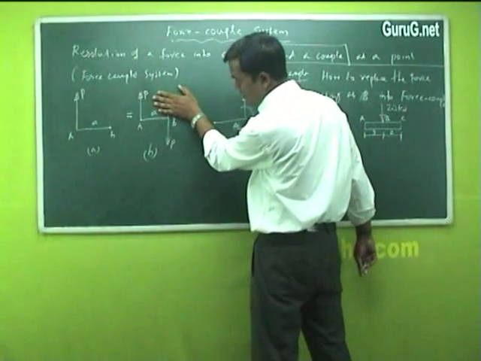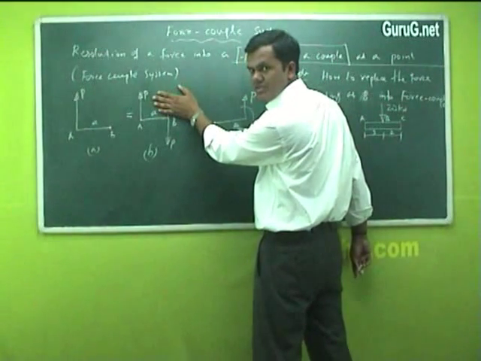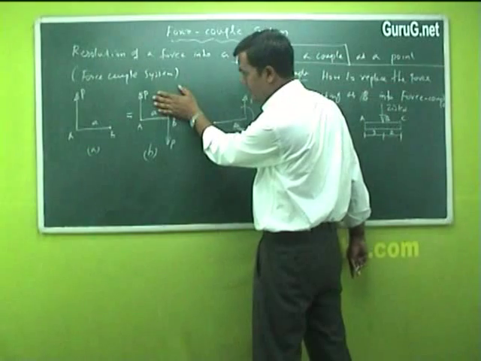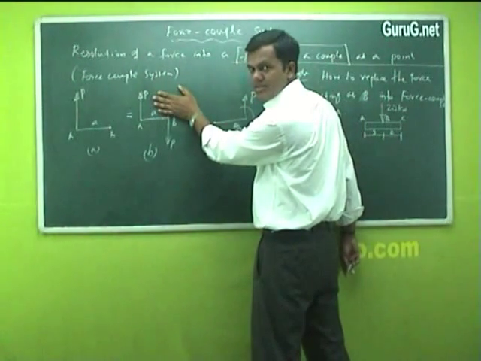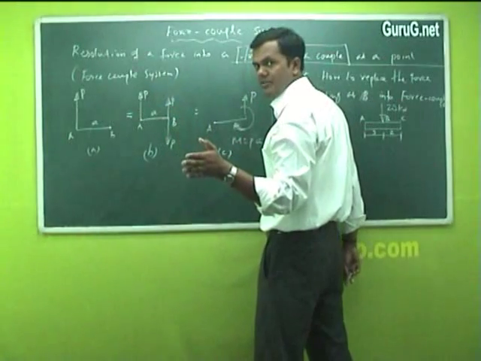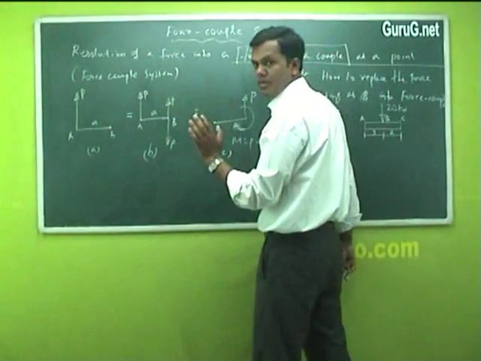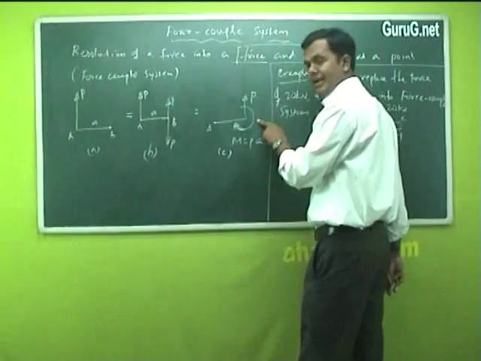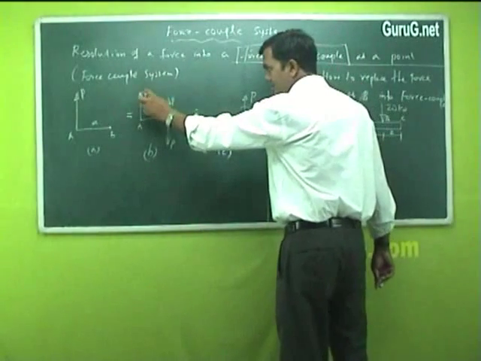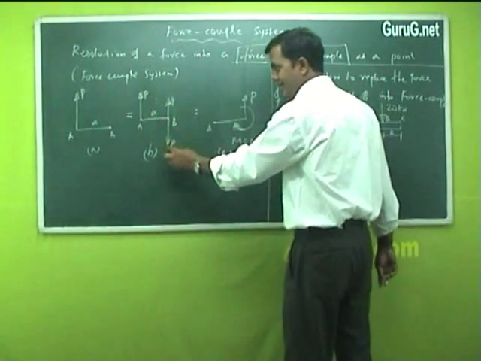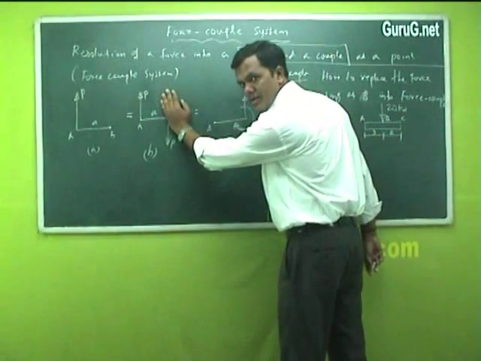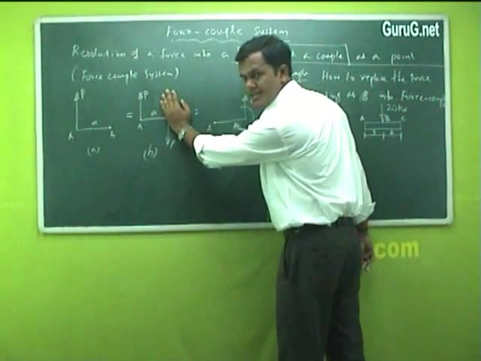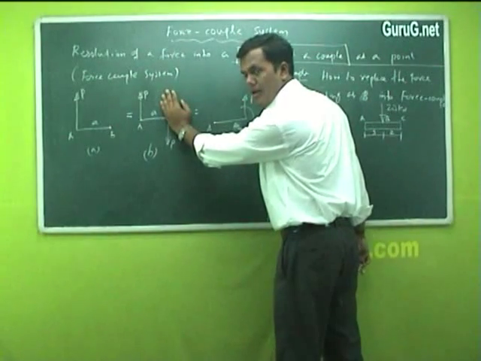Two forces are there which are in different directions, parallel to each other but in different directions, which can form a couple. Previously what we have seen is this. Now with the effect of this force also, the value is same. So here I indicate this force P and the other one P down, which are parallel to each other but different in direction, which will form a couple.